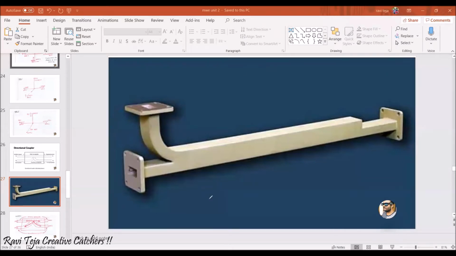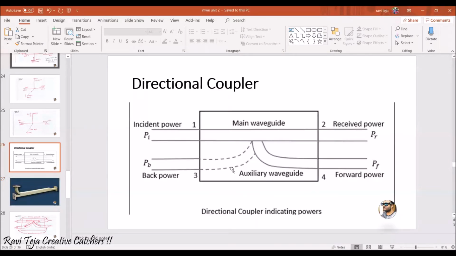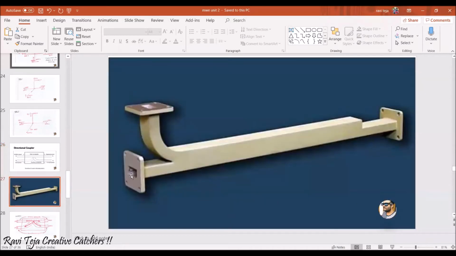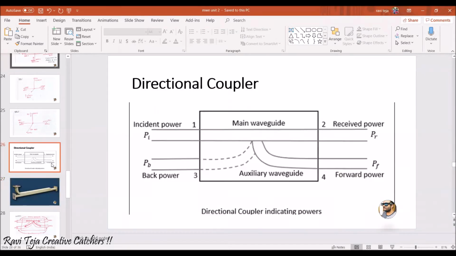This directional coupler is represented in this way. It's a metallic tube with 4 ends. One end is closed, the remaining 3 ends are open. Similarly here you can see this particular port.